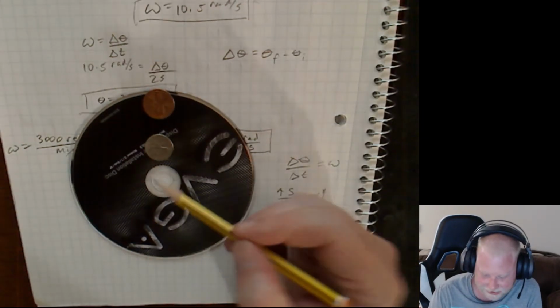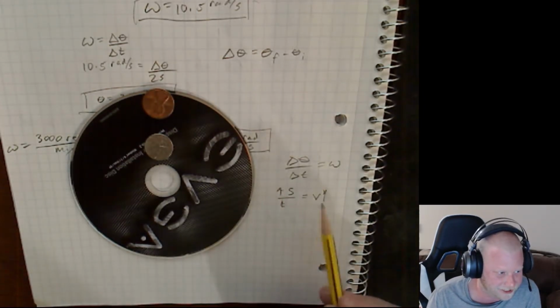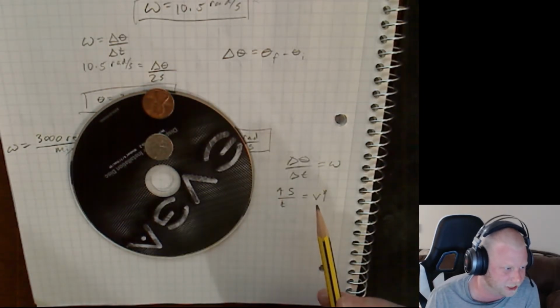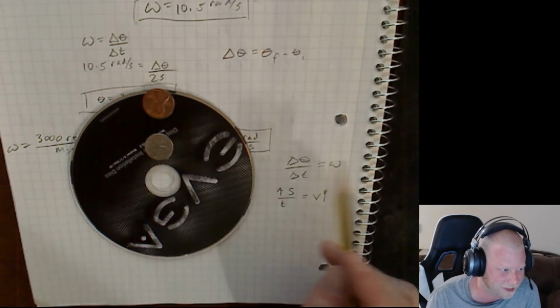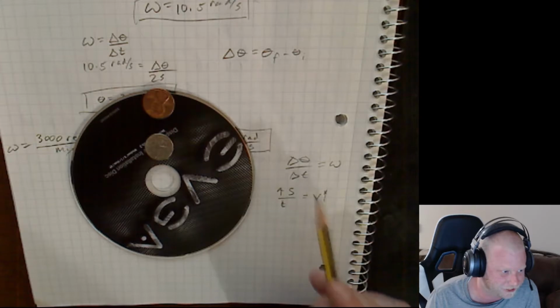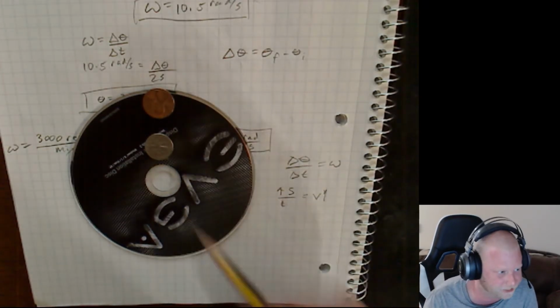Right, so the distance from the center of rotation is going to determine the linear speed, the tangential speed of the object. Right, so both the dime and the penny have the same angular velocity, but they have different linear or tangential velocities based off of how far away they are from the center of rotation.